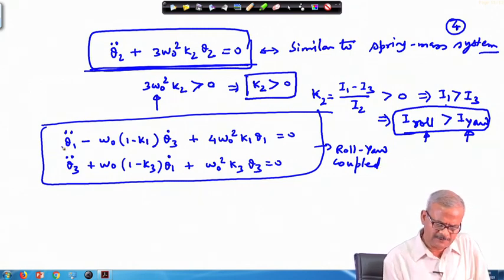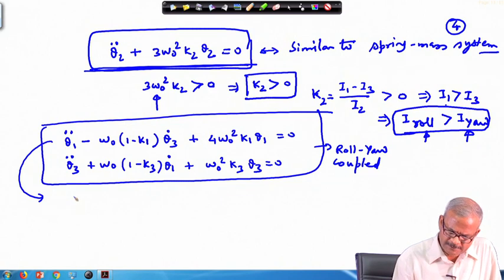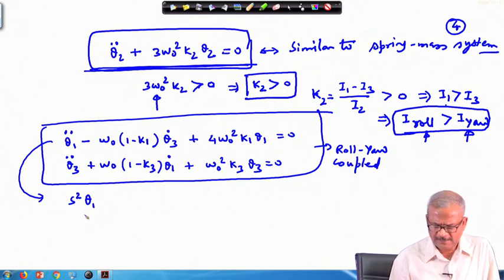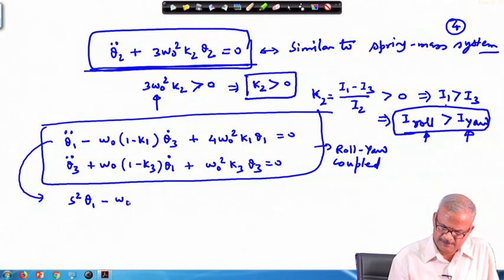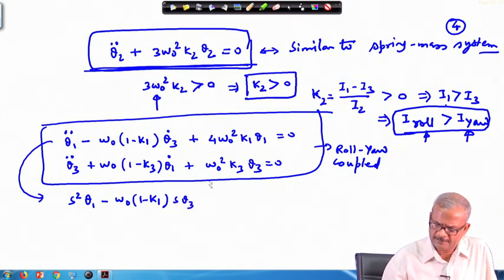Now, I do the Laplace transform of this. So, the Laplace transform of this will be s square theta 1. Instead of writing theta 1 of s, I will just write theta 1, so understand that this is the Laplace transform. Omega 0 times (1 minus k 1), then s times theta 3, plus 4 omega 0 square k 1 times theta 1.